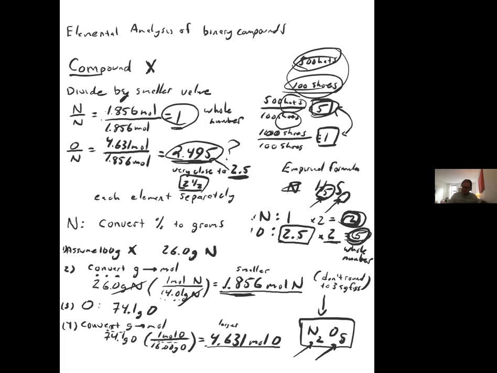So again, our answer would be N2O5. So here's one. Let me just bring this one up. This one's just called elemental analysis. Okay, so again, it's this problem where you have compound X and they give you the elements.